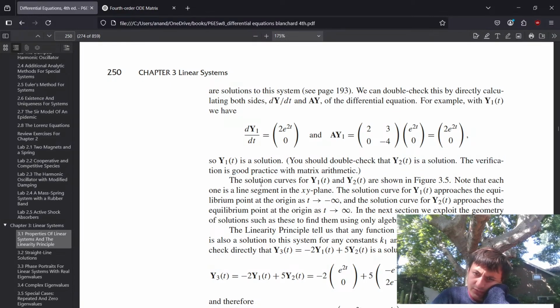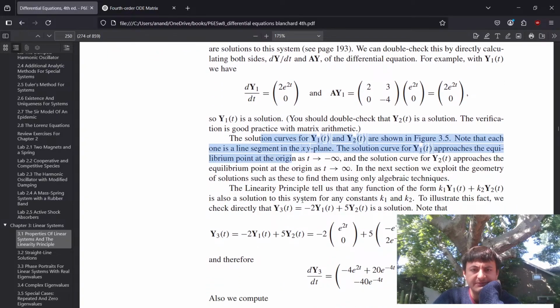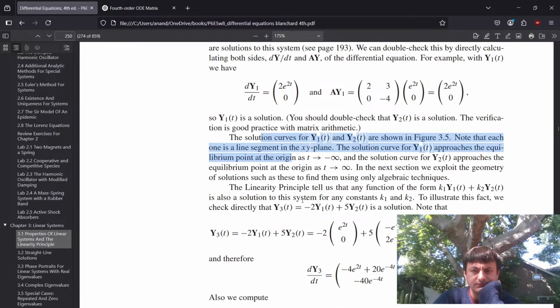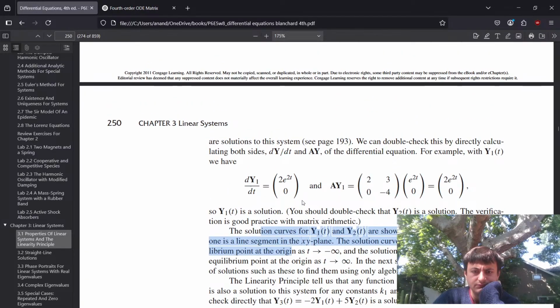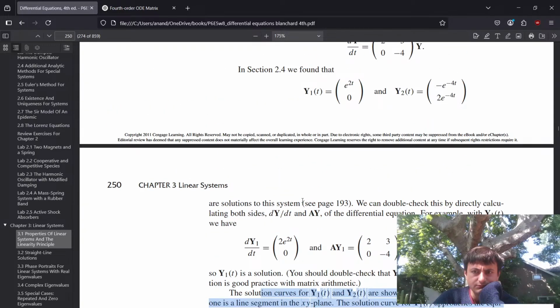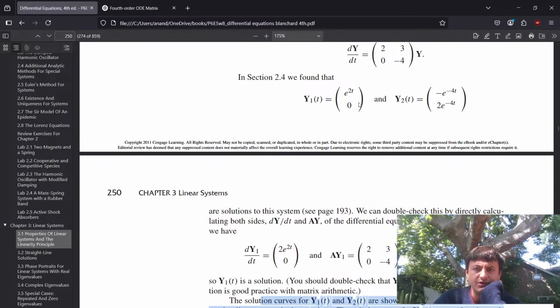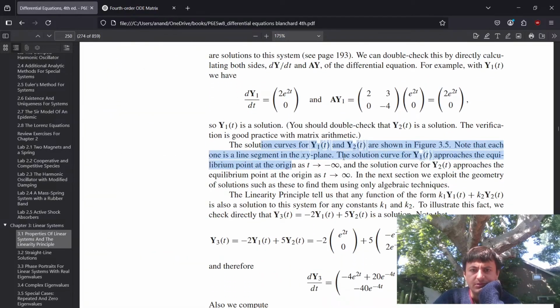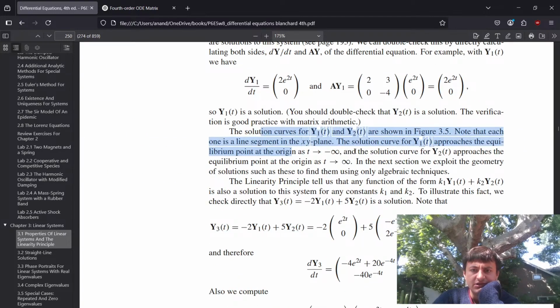The solution curves for y1 and y2 are shown. Note that each one is a line segment. The solution curve for y1 approaches the equilibrium point as t goes to minus infinity. And the solution curve for y2 approaches the equilibrium point.